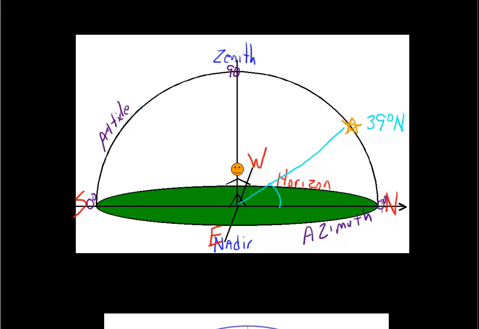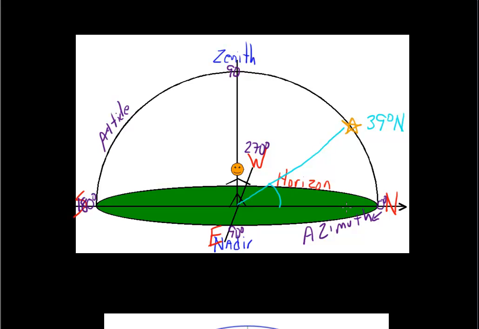It goes in a clockwise direction, where east now becomes 90 degrees, south becomes 180 degrees, west becomes 270 degrees, and north becomes 360 degrees.